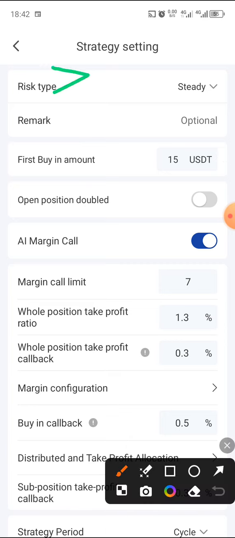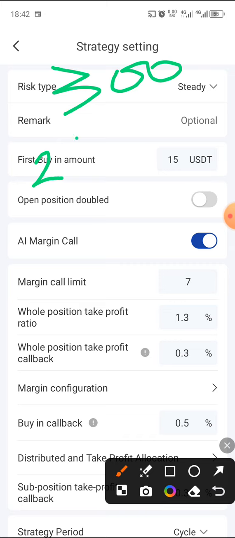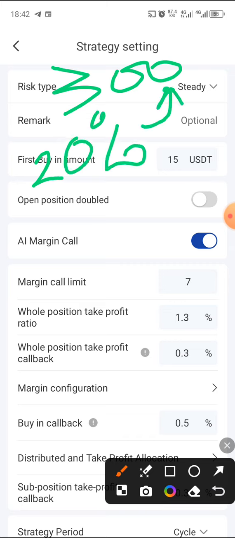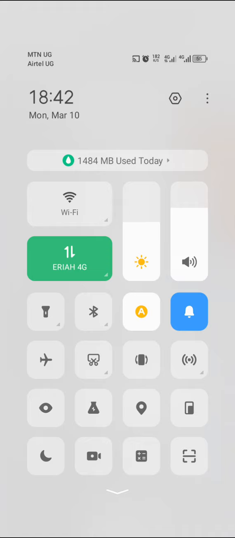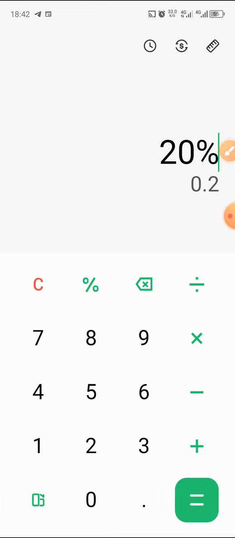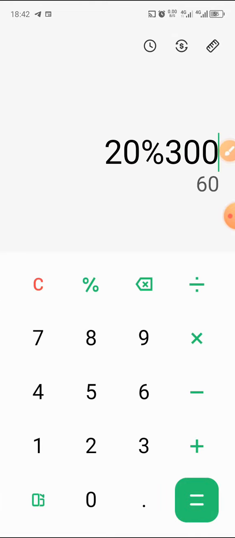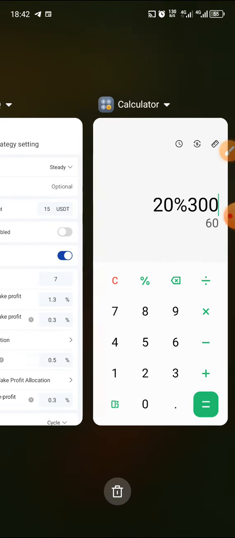You have your $300, and 20% of $300 is going to be giving you 60.